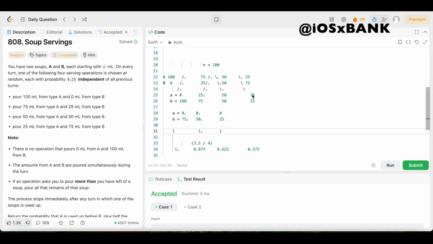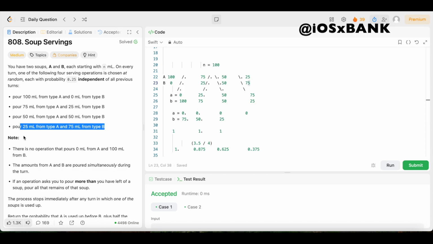Then we come over here, sorry, right here. So with this operation, we take 25 from 25, so A would be 0. And then we take 75, because remember, these are just these operations.